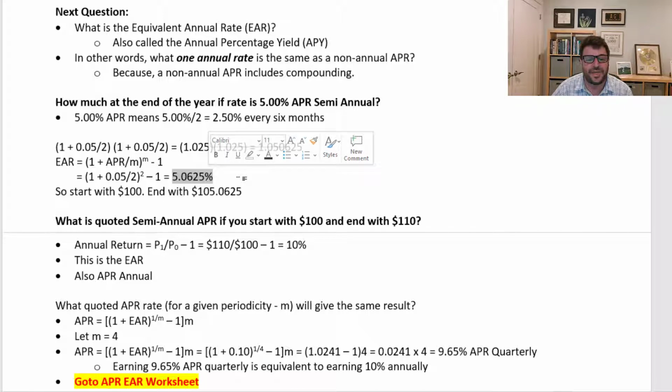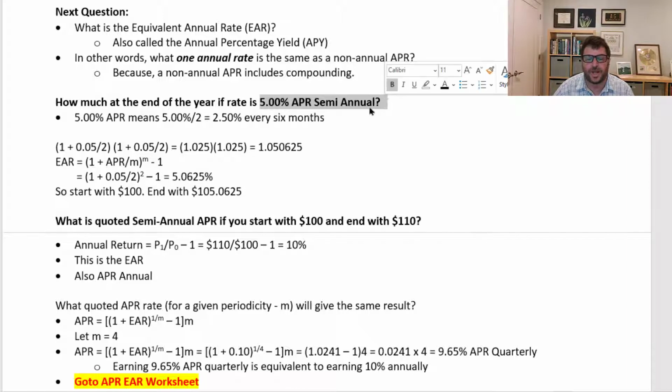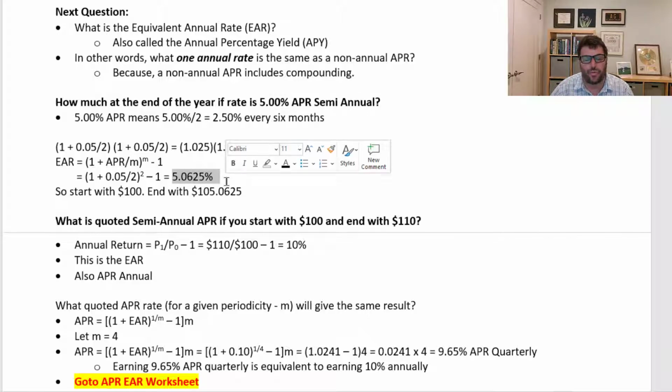And what this means is if I start with $100 and I earn 5% APR semi-annual, I will have $105 and 6.25 cents. Or if I start with $100 and I earn 5.0625% once, I'll have the same amount.